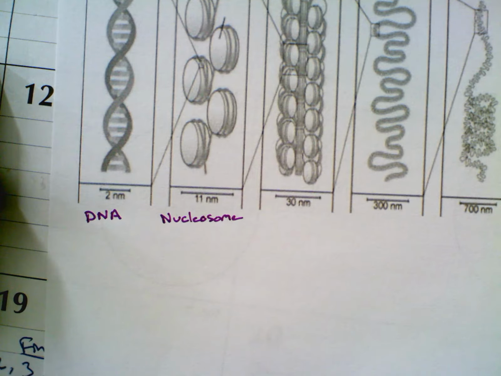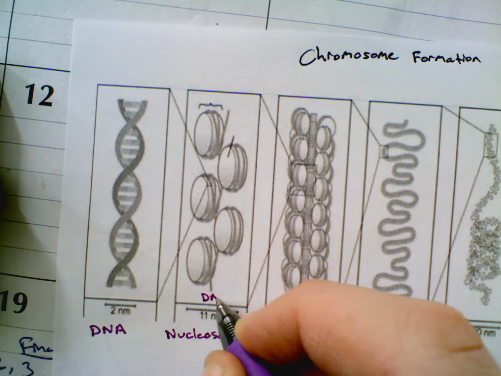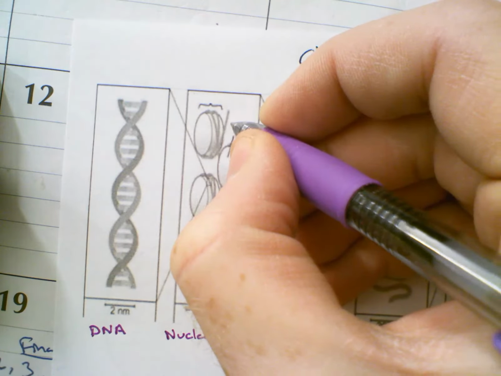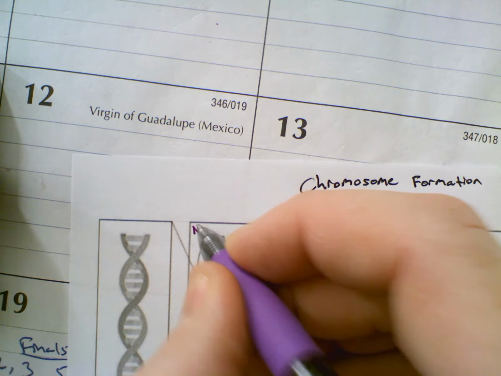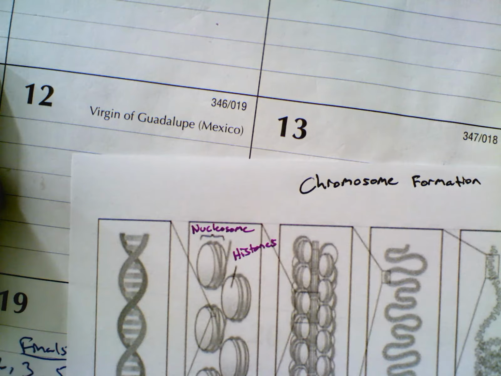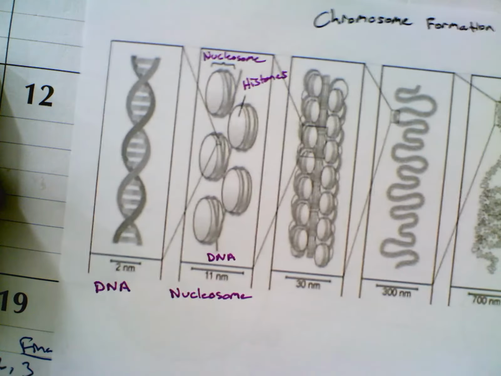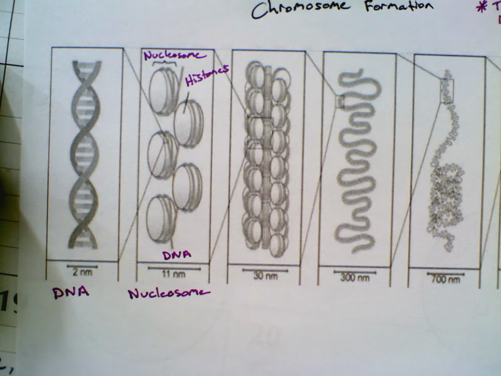A nucleosome. Okay? And nucleosomes are made up of DNA and histone proteins, and those together form a nucleosome. The histones, think of it being like a spool, and DNA being like thread.